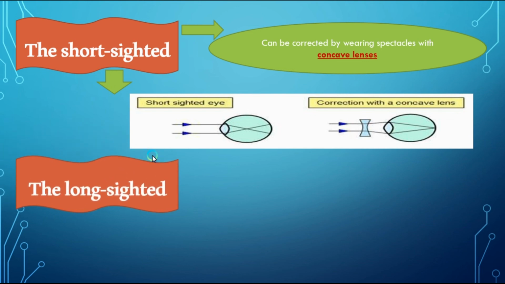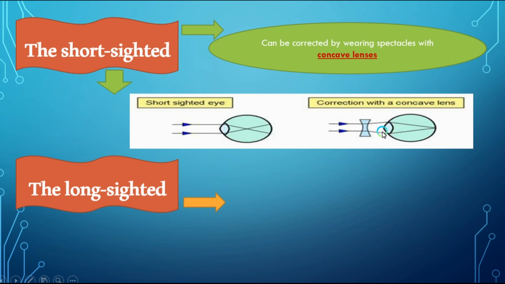The picture here shows the correction of the short-sighted eye, corrected by the concave, which is thinner in the middle. This one is a concave lens. So you can now see clearly and perfectly the distant object and also the near object.